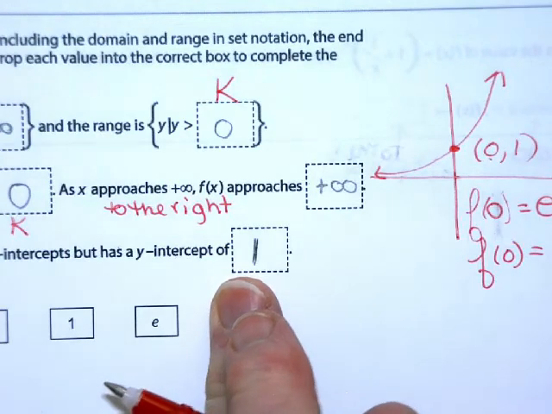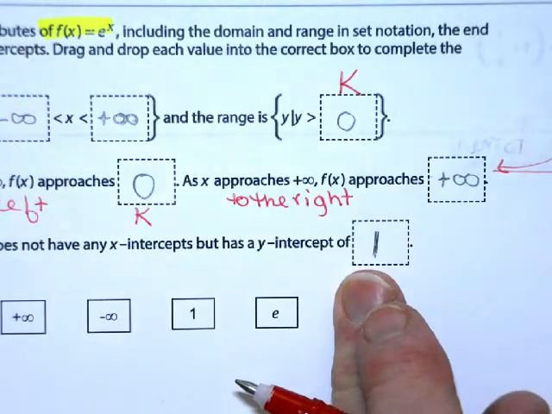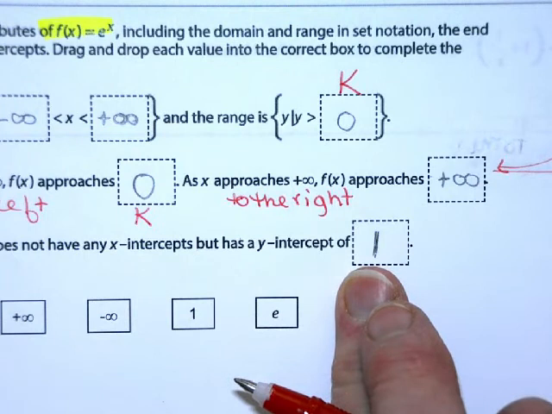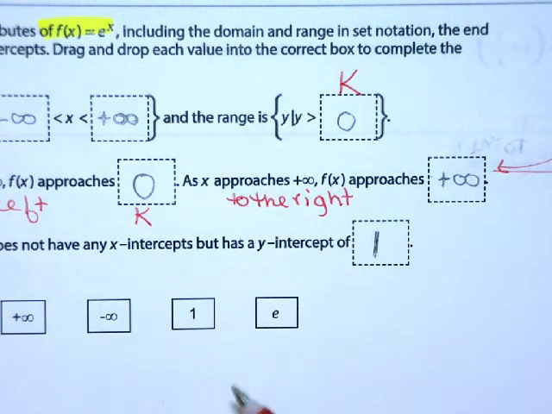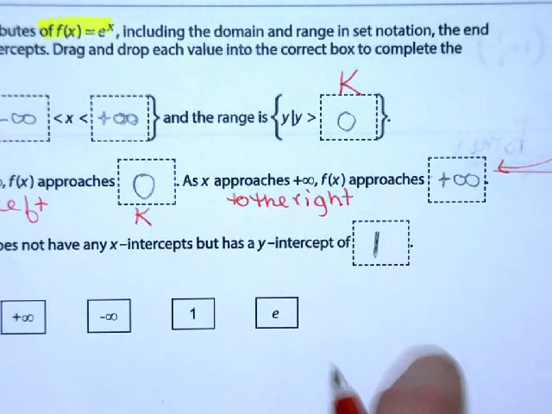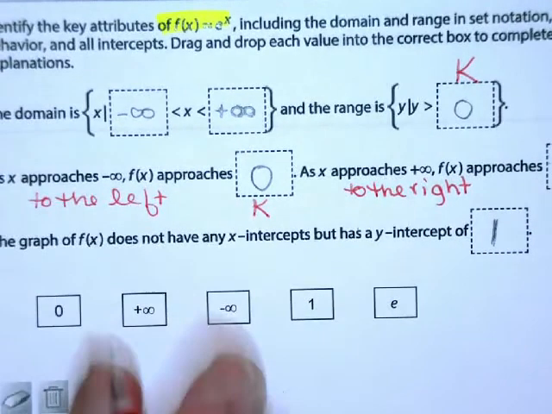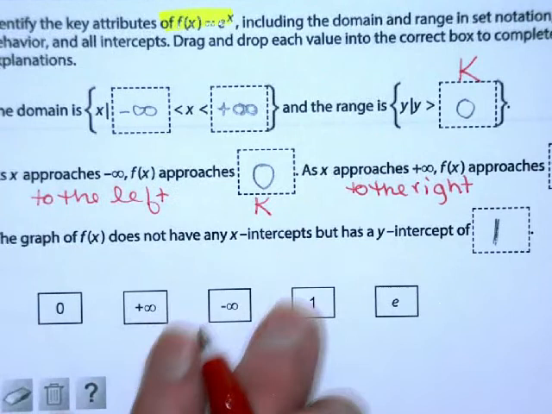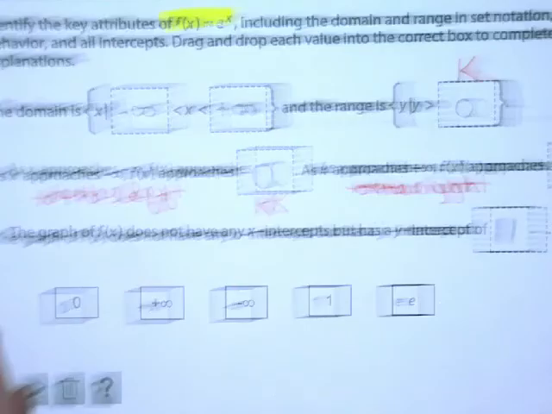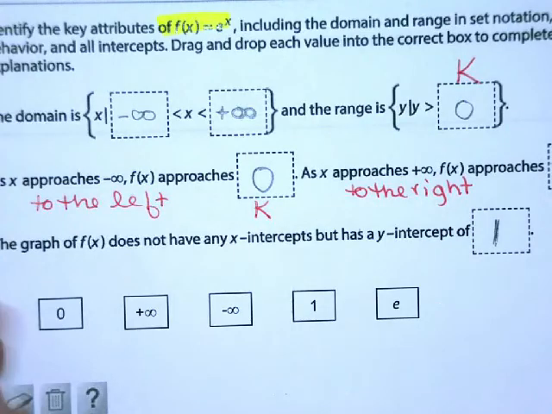That's where I get this y-intercept right here. It never will touch the x-axis, but it does cross at 0, 1, just like any other growth function that hasn't been transformed. 2 to the x, 5 to the x, 10 to the x, 20 to the x. Remember, since e is greater than 1, that is why it's an exponential growth function.